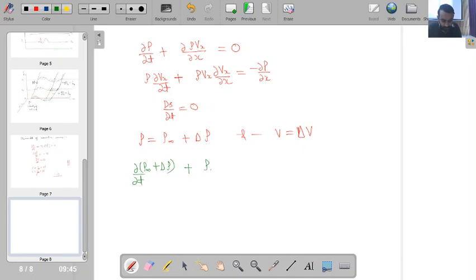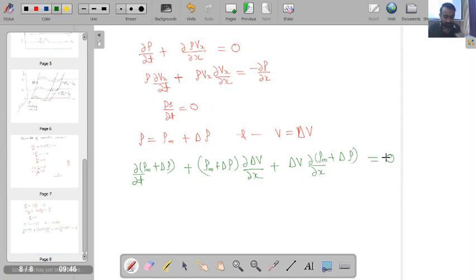So rho times means rho infinity plus delta rho of del delta V by del x, plus delta V times del by del x of rho infinity plus delta rho, and that is equal to 0. Now the quantity rho infinity is the undisturbed fluid density, so it will be a constant value.